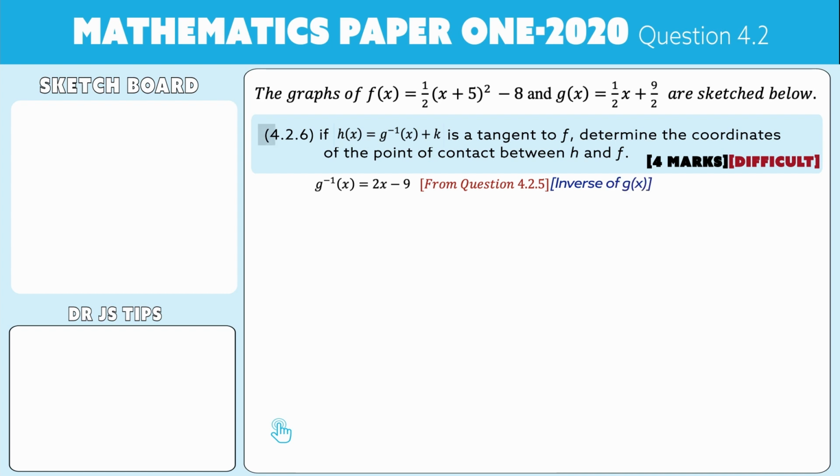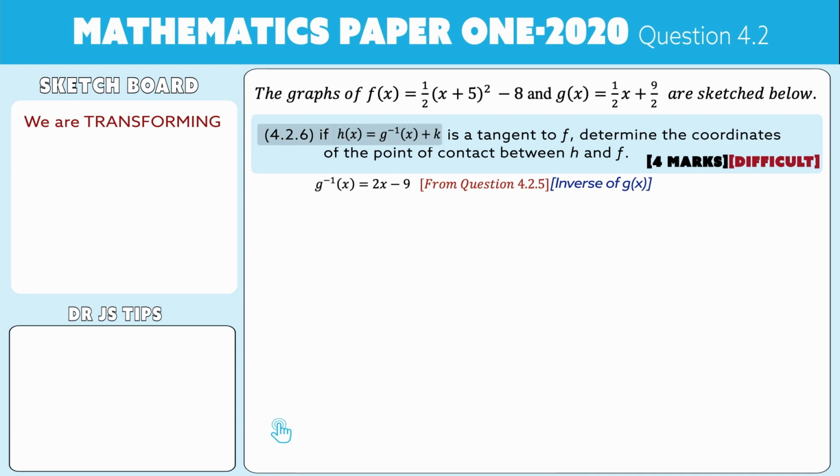They say the following. If h of x is that inverse, which, look at this, there's a plus k. So we are transforming the graphs that we have on our diagram. Okay, so we have a new function, h of x. How do we obtain it?